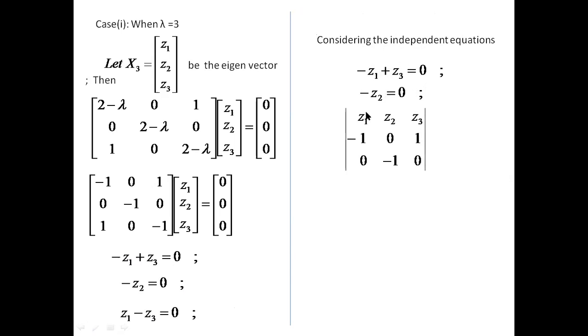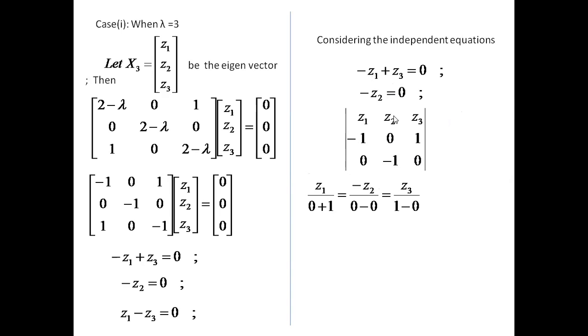Now use the cross multiplication method like this. Write the unknowns in the first row, the coefficients of the first equation in the second row, and the coefficients of the third equation in the third row. Here minus 1 only is there. Now by the cross multiplication method, z1 by, delete this row and column, so 0 into 0 minus of minus, plus 1 we get.